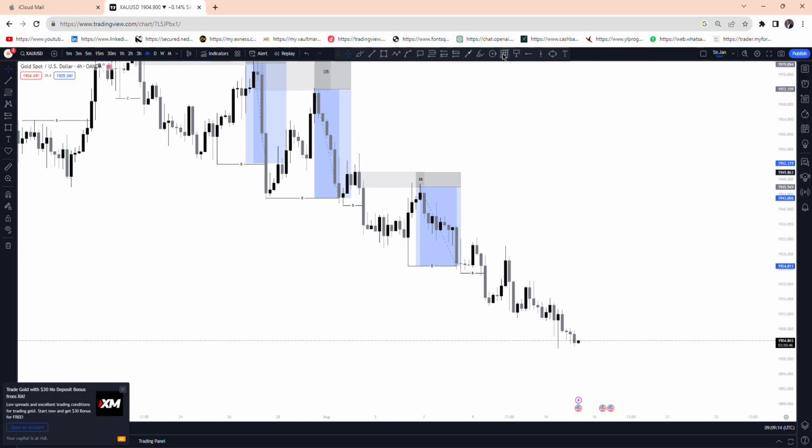So we have the breaker block. This is not the one. Sorry about that. The last candle, the previous candle, which is this one. The entire candle here.